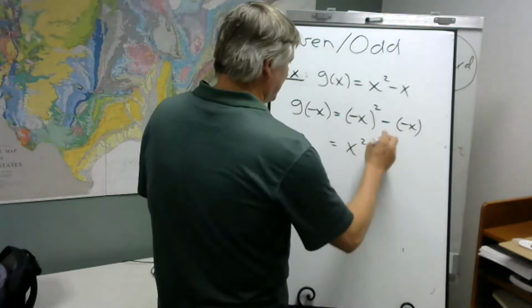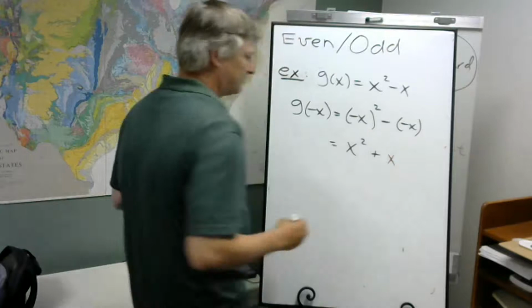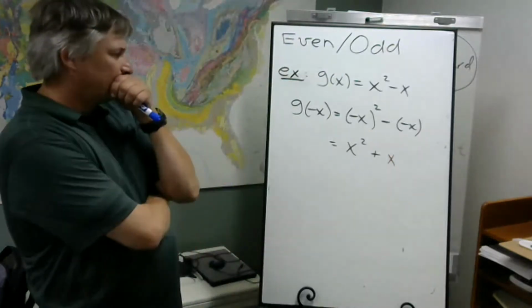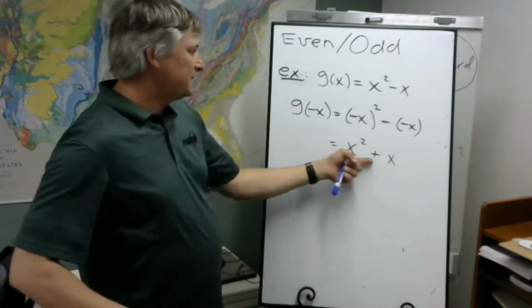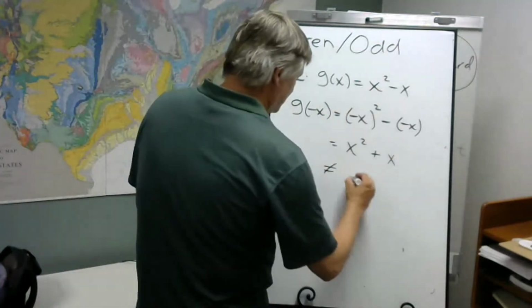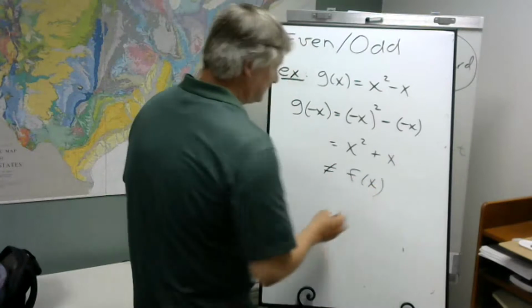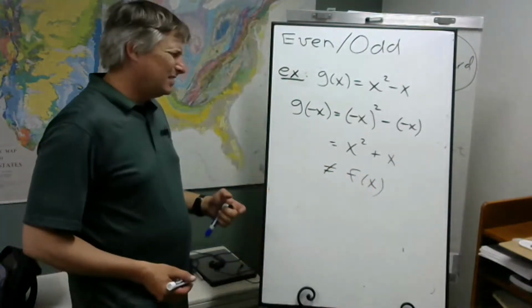We get x squared minus and minus is positive x. So what's going on here? Well, first off, this is not the same as this. So it's not equal to f of x. We need a minus here to be equal to f of x.